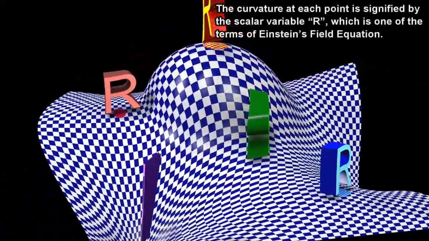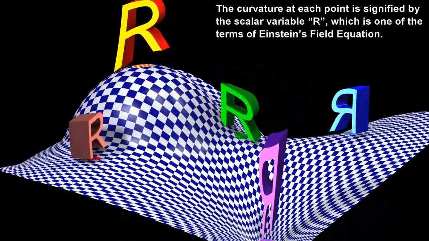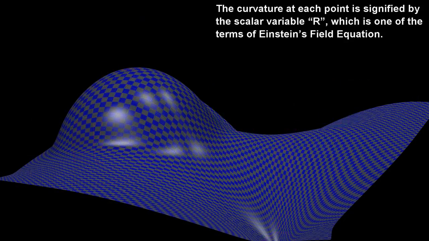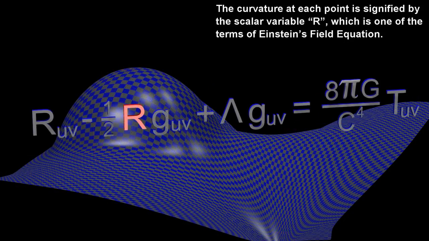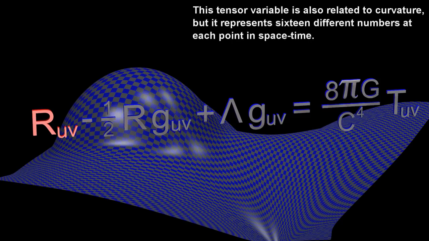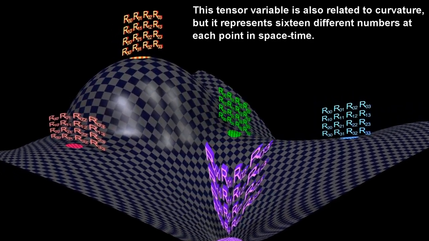The curvature at each point is signified by the scalar variable R, which is one of the terms of Einstein's field equation. Though this should not be confused with the tensor variable that has an R with two index values. This tensor variable is also related to curvature, but it represents 16 different numbers at each point in space-time.